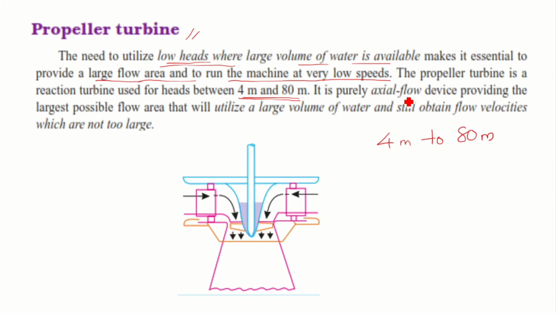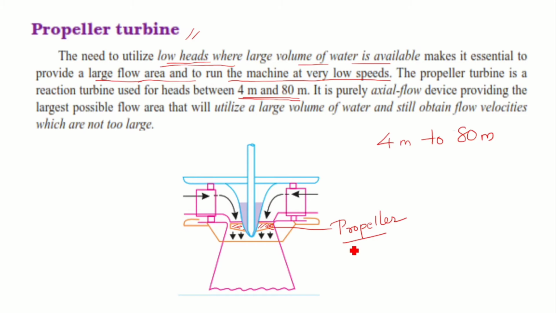It is a purely axial flow device providing the largest possible flow area that will utilize a large volume of water and still obtain flow velocities which are not too large. In the propeller turbine, these blades are placed on the hub, and this arrangement is known as a propeller.